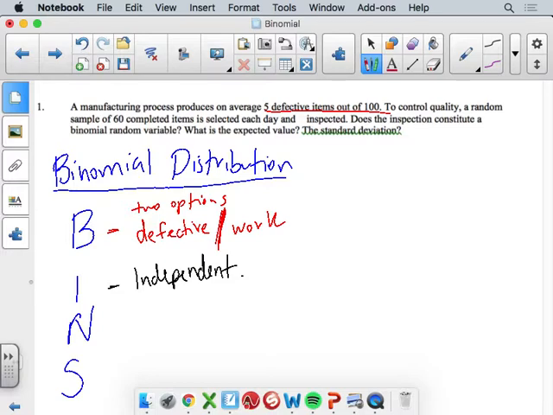Then there's too many people, too many friend groups that maybe aren't independent in thought or whatever. So one way to check for independence, and this is what we're going to check, is: is your sample taken less than 10% of the population?